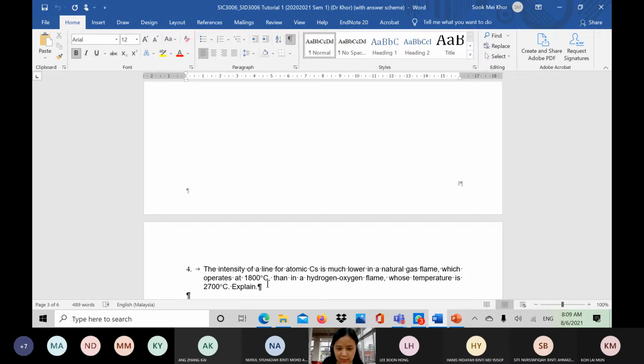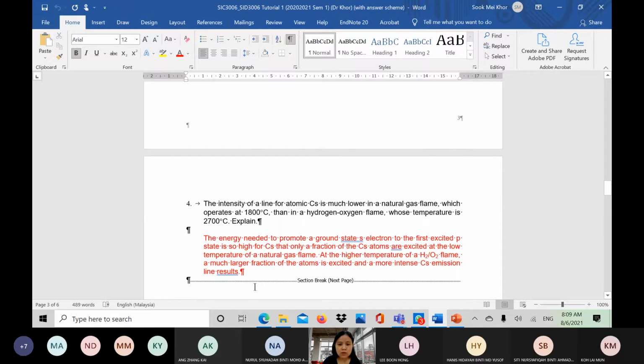Okay, so this is the explanation to this question. First, we must know which technique it is meant for. Here I give you an example of the model answer. The excitation relates to the energy gap.